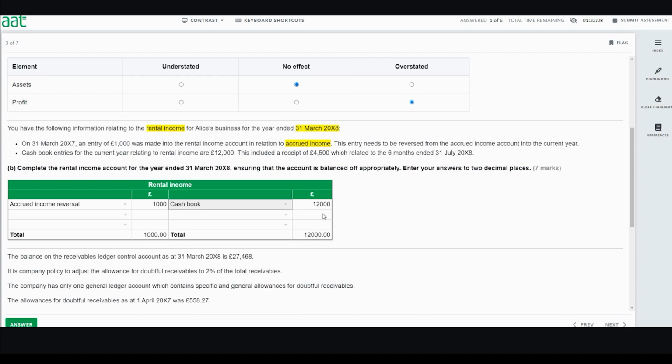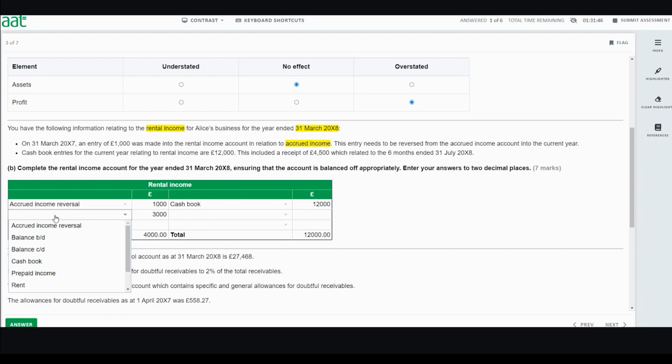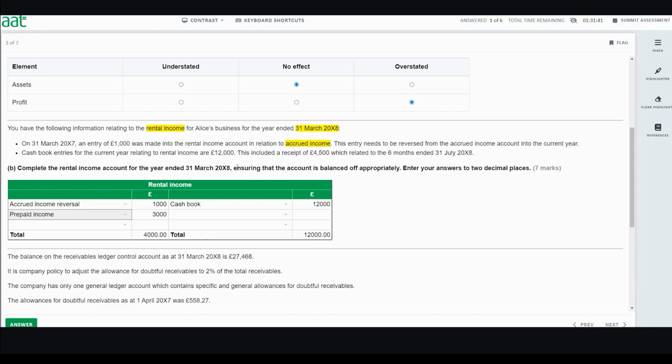So if you did 4,500 divide by 6 gives you 750, times it by 4, which is your 4 months, you've got £3,000 of that relates to next year. So what we've got to do is we've got to take it out of the income account, and this would be prepaid income for the next year.